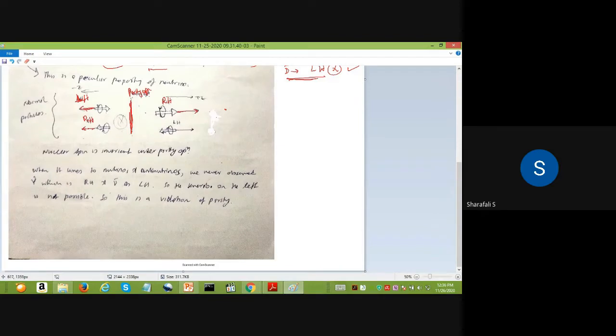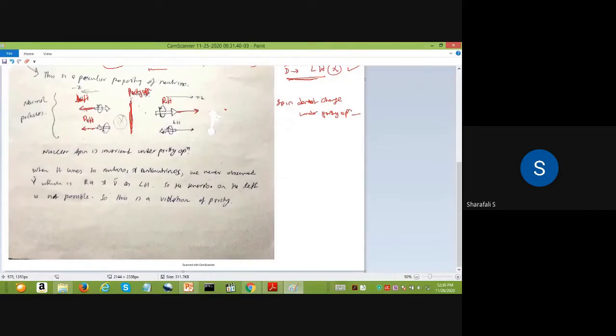Okay. So under parity operation, I already told you, spin does not change. Spin does not change under parity operation. So this bigger arrowhead will not change under this parity operation.